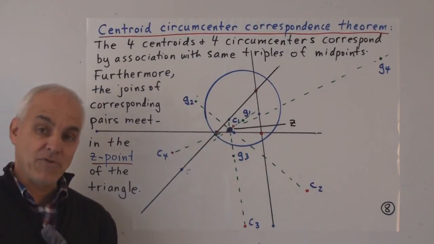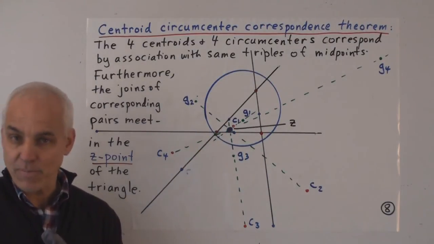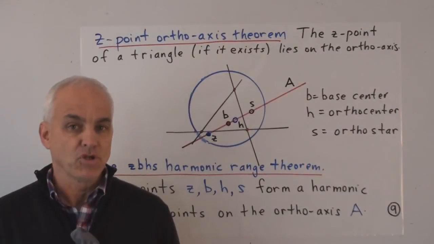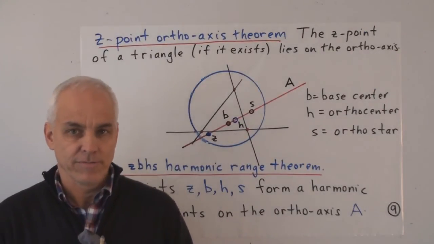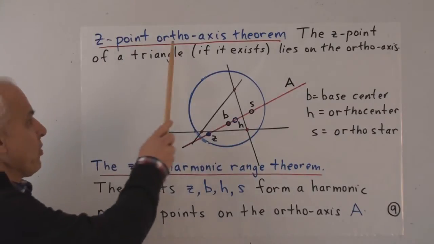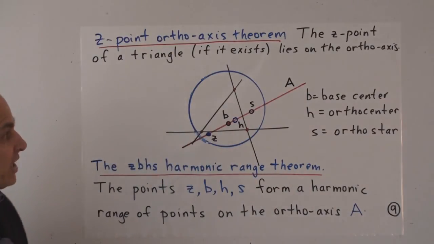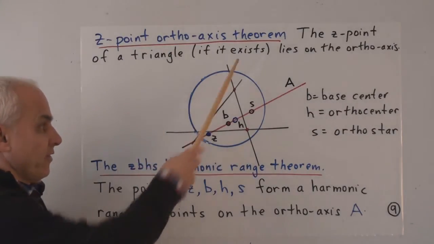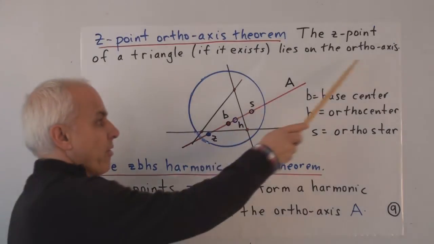So why is that Z point interesting? Well, it has some other remarkable properties. So here are 2 more theorems about this Z point. The first is the Z point ortho-axis theorem, which states that the Z point of a triangle, if it exists, lies on the ortho-axis.